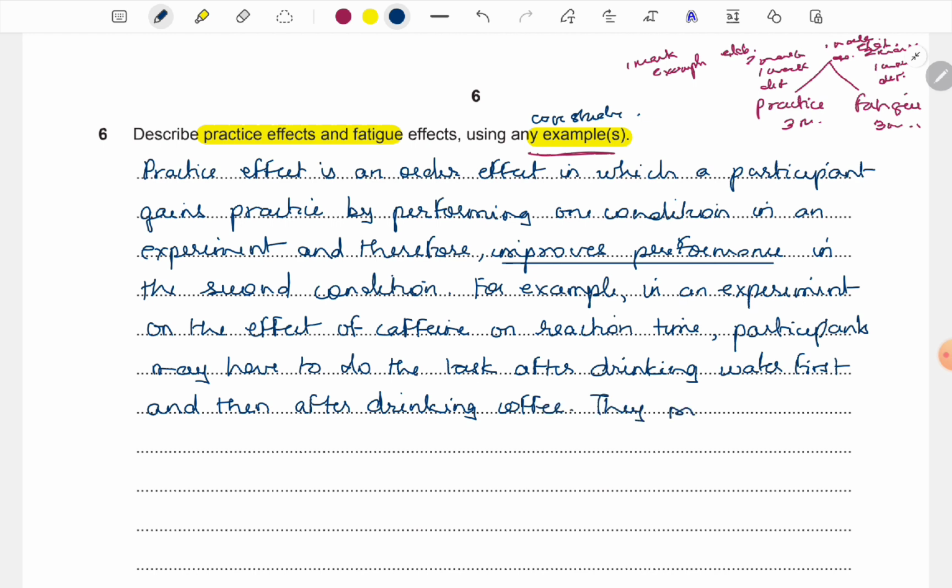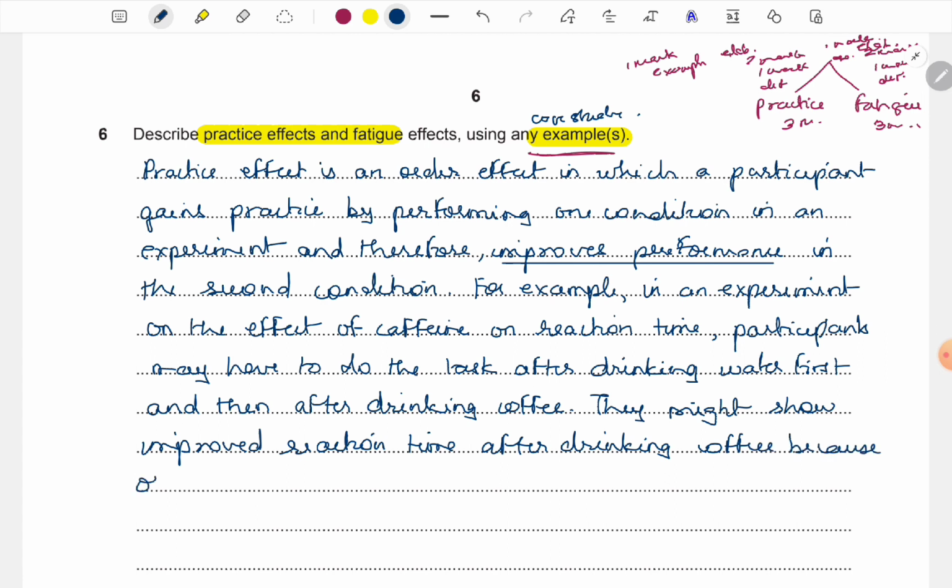They might show improved performance, or we can say improved reaction time to make it more contextualized, after drinking coffee because of practice of the task and not the influence of coffee.